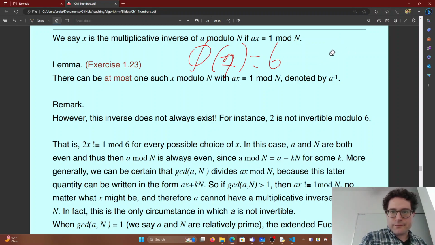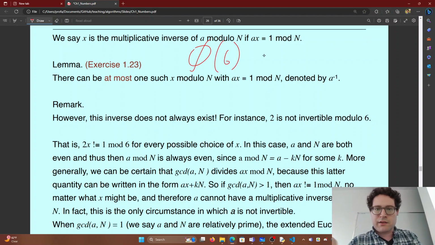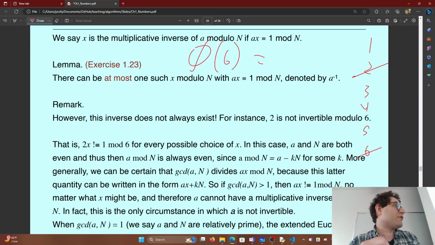Now, for a number like 6, let's go ahead and figure that out. 1, 2, 3, 4, 5, 6. 6 shares a common divisor with itself. We leave 1. 6 is divisible by 2, right? So they share a common divisor of 2. It's divisible by 3. They share a common divisor of 3.